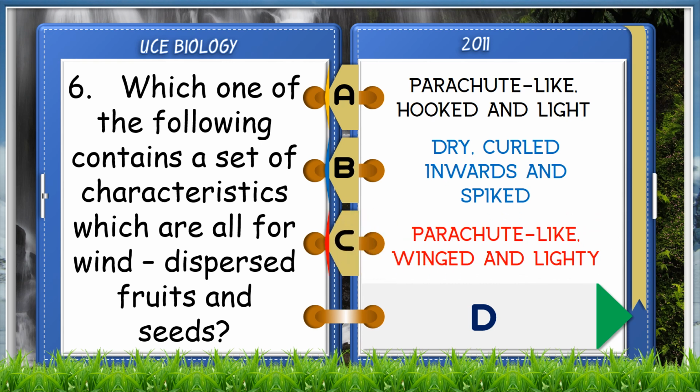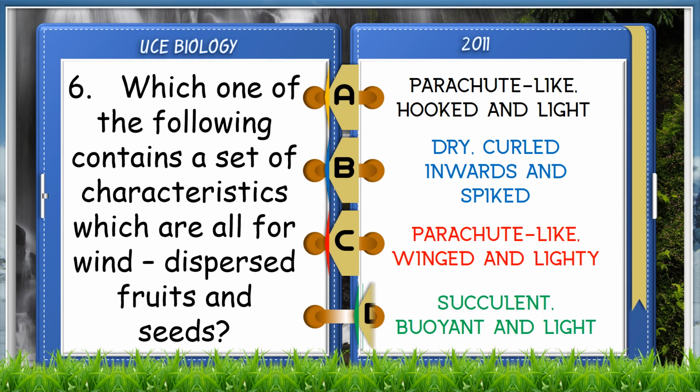C. Parachute-like, winged and light. D. Succulent, buoyant and light. The answer is C. Parachute-like, winged and light.